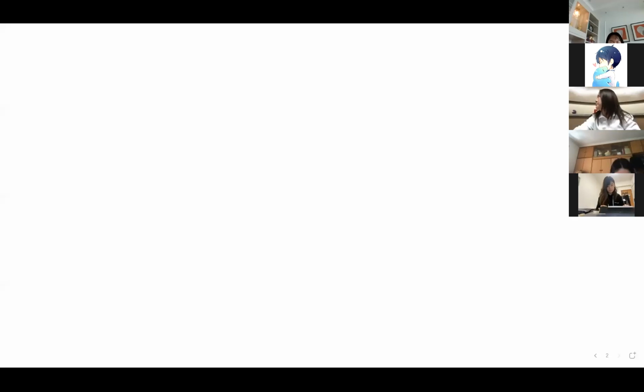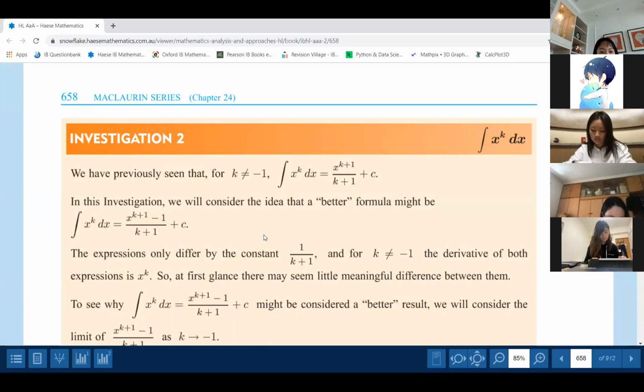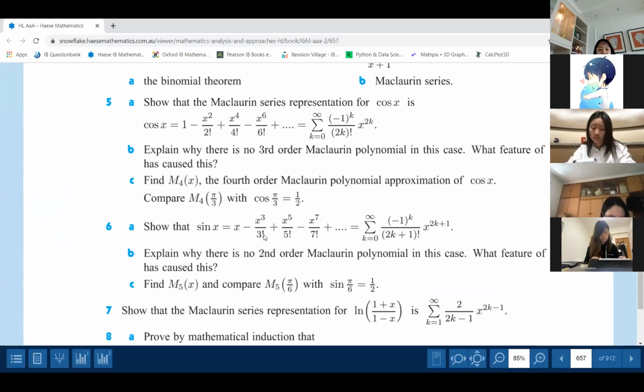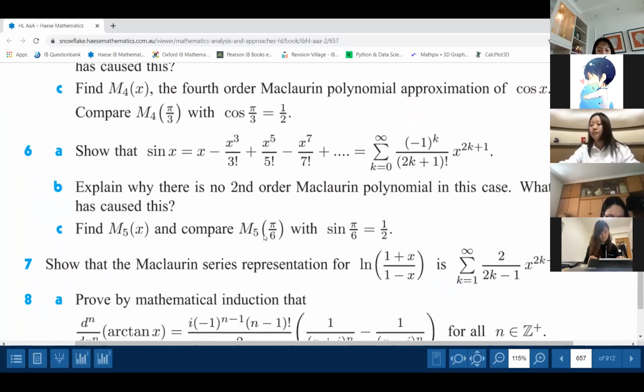Okay, so I've resumed my recording now. So let's do question 6 together from the book. You have the screenshots. Question 6 says, show that sine x is that series.